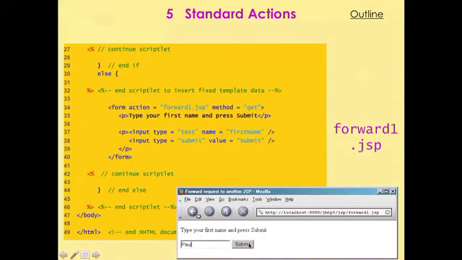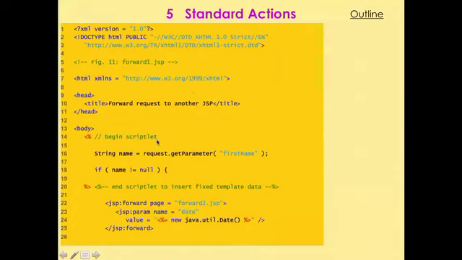But when I click on it, what happens? Next time request.getParameter firstName won't be null. So my name will have some value, and then I will go inside the if.